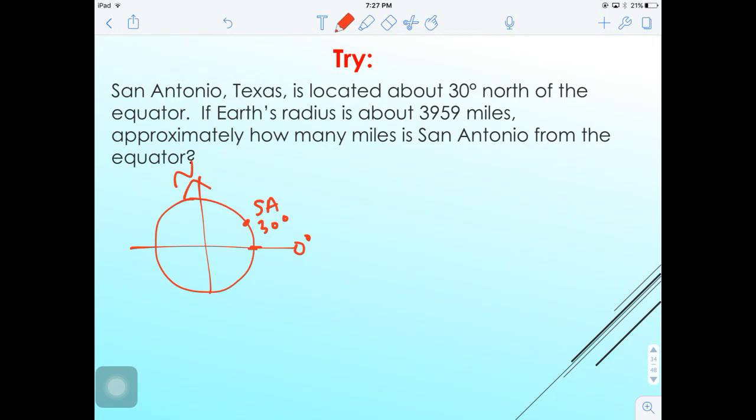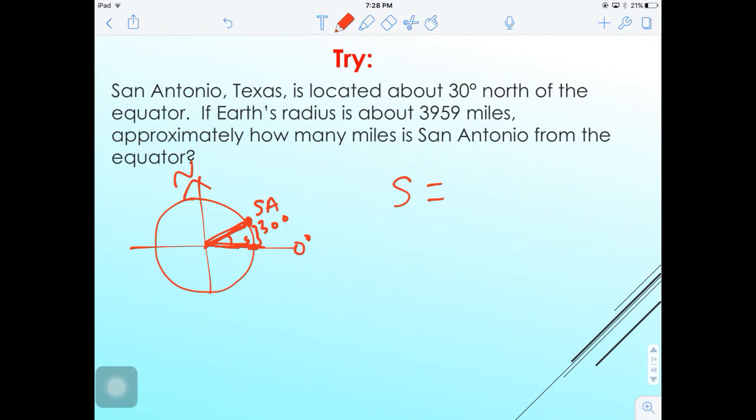Here's north, and we have the central angle here. From here to here is 30 degrees. If you want to know how far San Antonio, Texas is from the equator, we're looking for the arc length. So S is what we're looking for.